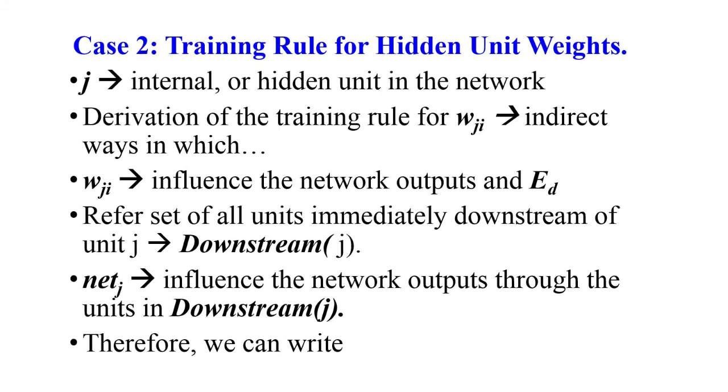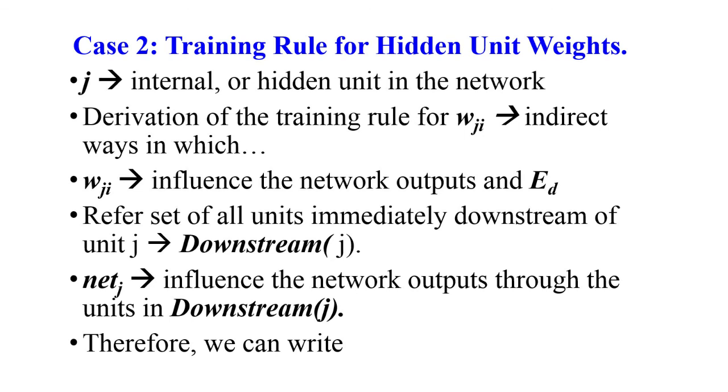For this reason, it is useful to refer to the set of all units immediately downstream of unit j in the network, and we denote this set of units by Downstream(j). Net_j can influence the network outputs only through the units in Downstream(j).